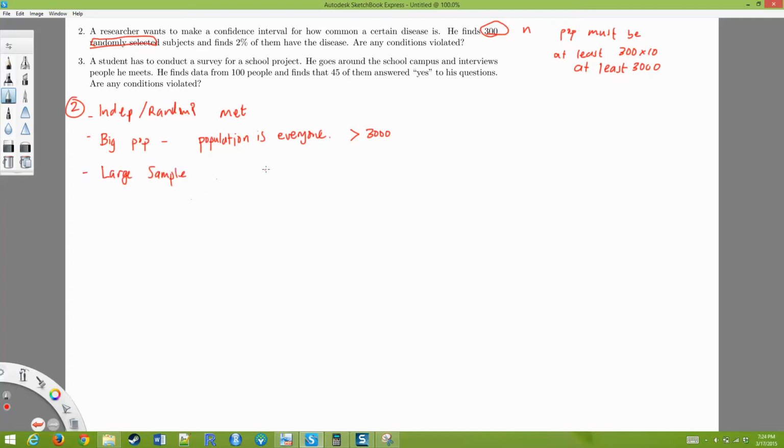To check, we must have n times p greater than or equal to 10 and n times 1 minus p greater than or equal to 10. In our case, we have 300 times p, which is 0.02, so I get 6. And over here, I have 300 times 1 minus 0.02, so I get 294. 6 is not bigger than 10, so our large sample condition is not met.